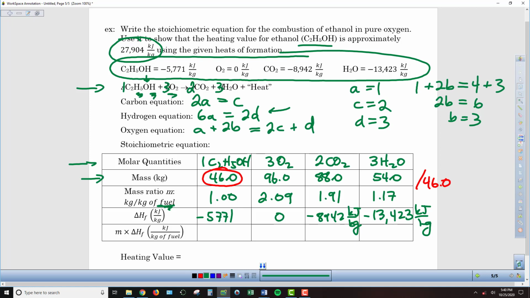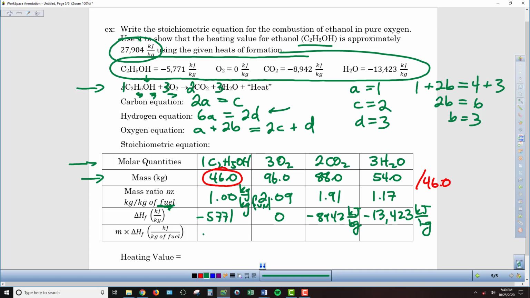And so now I'm going to multiply all of these mass ratios. Remember, these are all the kilograms of the actual compound per kilogram of the fuel. So when I multiply, the kilograms of each of these items cancels out, and we're left with the kilograms of fuel on the bottom with kilojoules on the top.